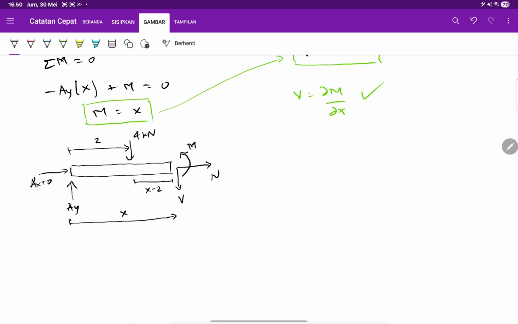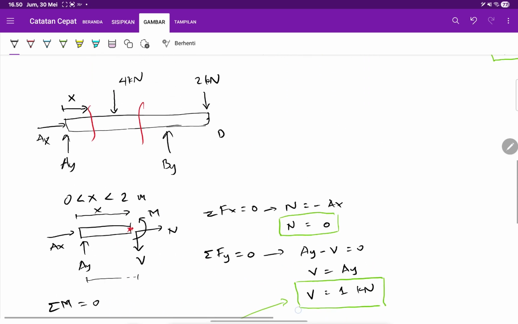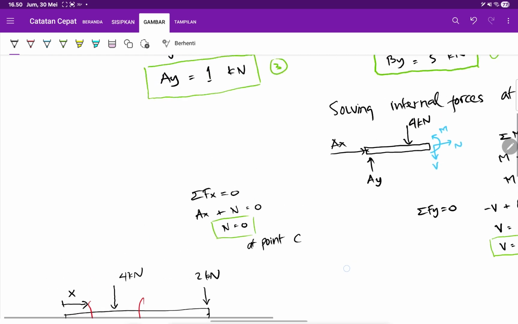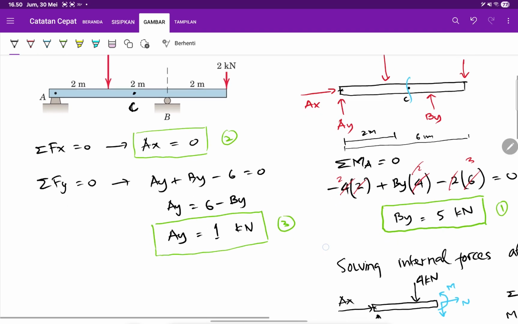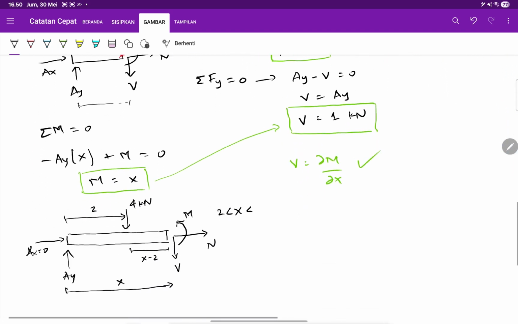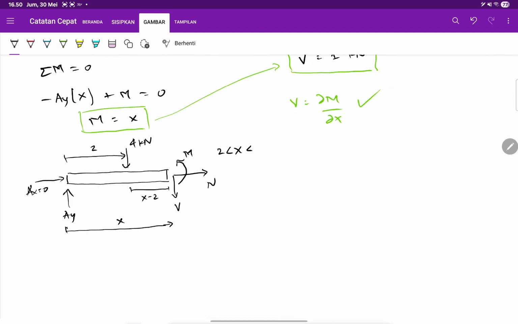And this is only valid for X from 2 to 4. You see? At X equals 4, you have another roller, so you have another load. So it's only valid on the span of 2 to 4 meters.